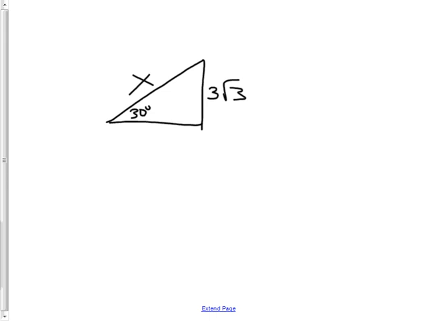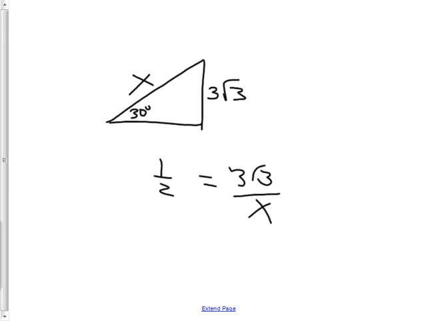Okay, sine. Yeah, I'm using sine again. Sine is opposite over hypotenuse, 3 root 3 over x. Things are a little harder this time, though, just because x is on the bottom. Sine of 30, I have that memorized. That's a half. If you don't have it memorized, you should.